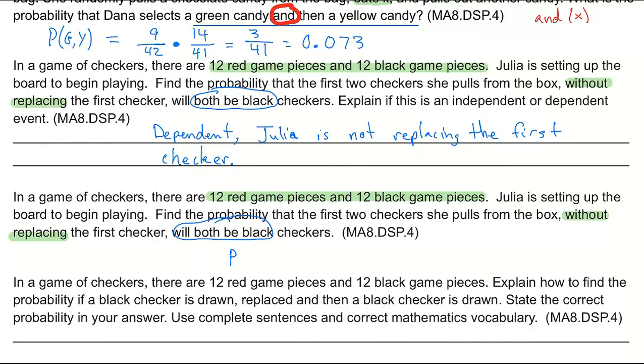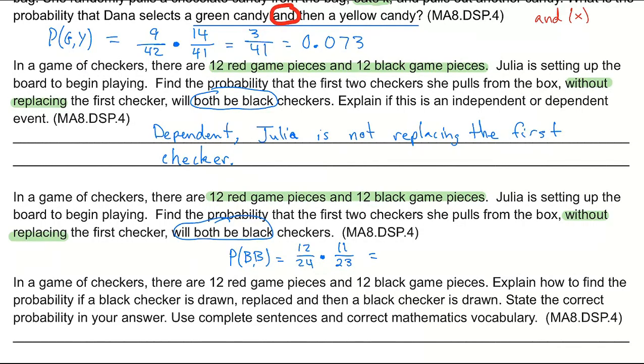So probability of black checker and a black checker is going to be, there are 12 black checkers out of 24, which is a half. So if you want to simplify it to a half, that's fine. If she's not replacing them, though, the total will go down to 23. And since they're both black checkers, 12 will become 11.